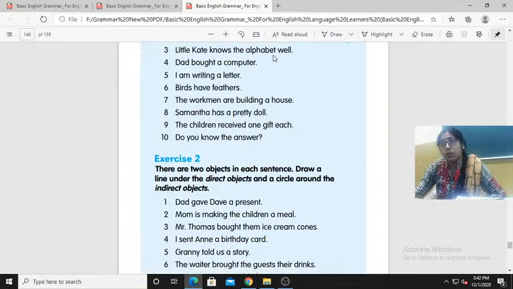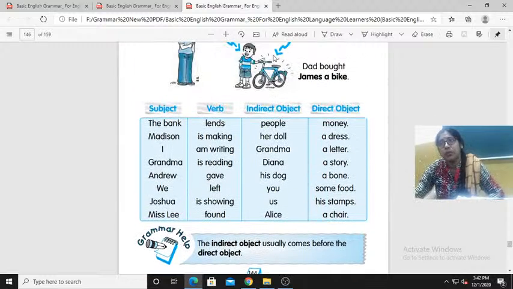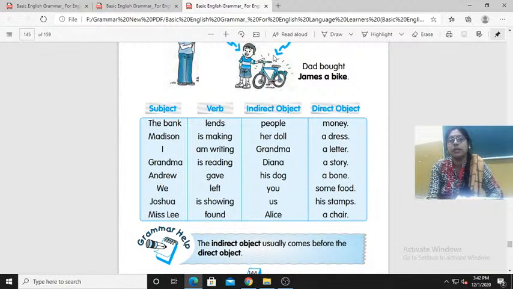And one thing we have learned today: what is subject, what is object, and we have two objects, direct object and indirect object. How to identify subject? Subject is a word which is a noun, and the subject always comes at the very beginning, and we should write it with a capital letter.